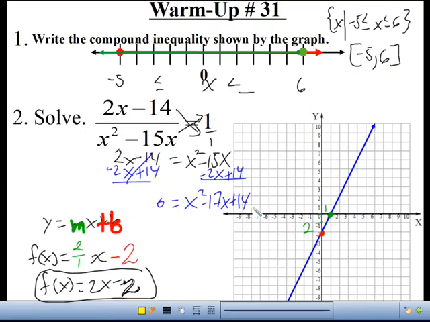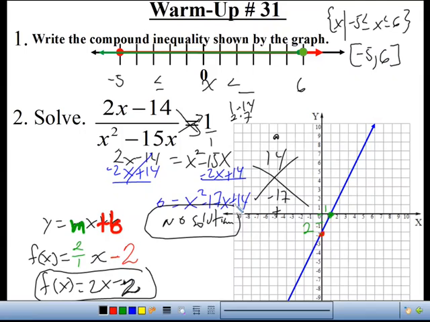What do I do then to solve? Factor. 14 goes on top, -17 on the bottom. Factors of 14 are 1 times 14, 2 times 7. Do any of those pairs of numbers add up to -17? No. Since we can't factor it, this one has no solution.